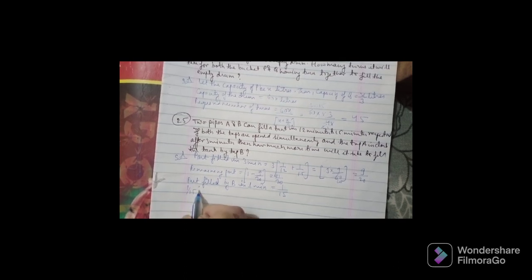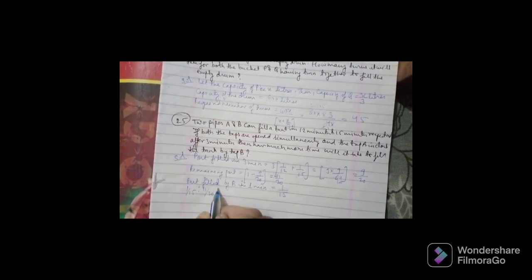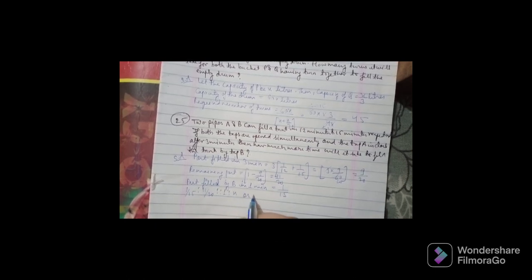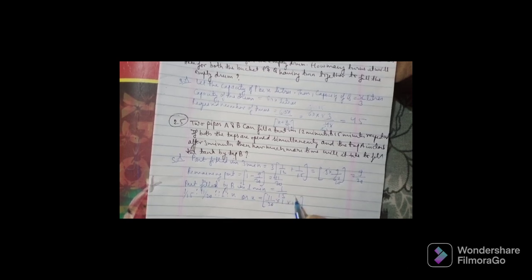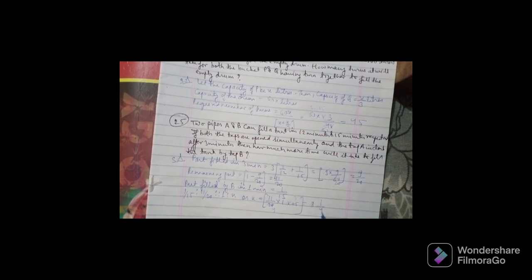So 1 by 15 ratio 11 by 20, 1 ratio x, or x equals 11 upon 20 into 1 into 15. So 5 3s are 15 and 5 4s are 20. It will come 8 1 by 4 minute, which means 8 minute 15 second.